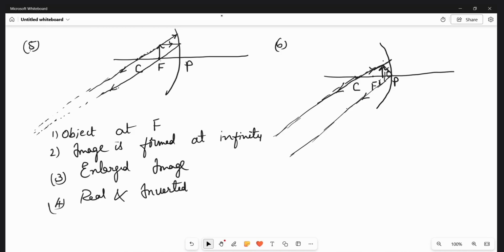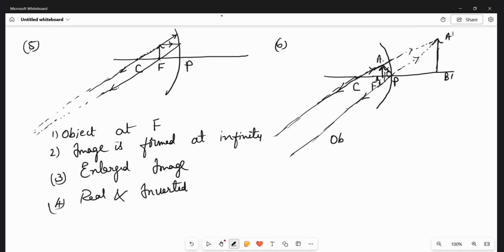If you extend this, that's why we write the dotted line, to indicate that when you extend, it feels to the eyes as if the image is formed like this. So this is the image. This is AB. This is A dash B dash.